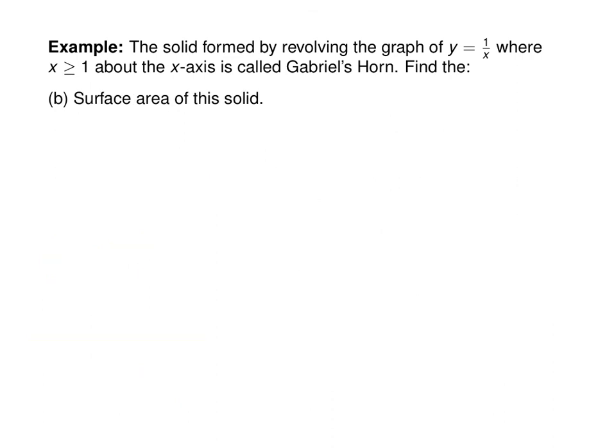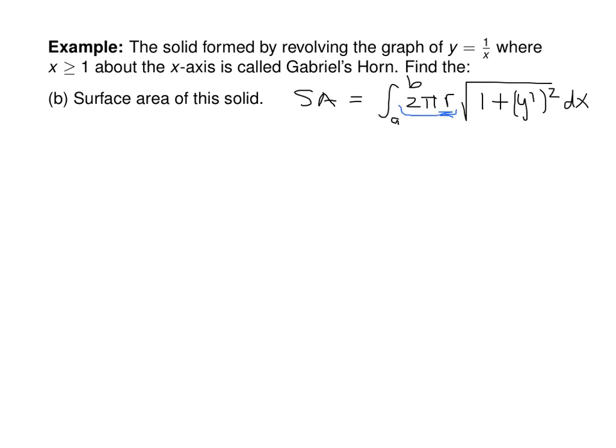Next, let's find the surface area. So the equation for surface area was the integral from a to b, 2 pi r times the root of 1 plus y prime squared dx. And think about this as r is the radius, that this 2 pi r finds the circumference of a little slice, and this expression finds the length of that slice.